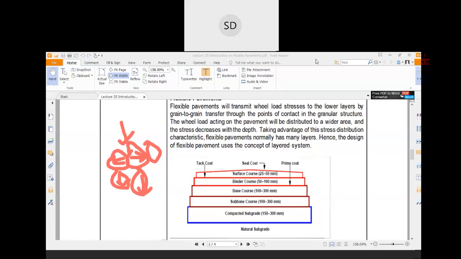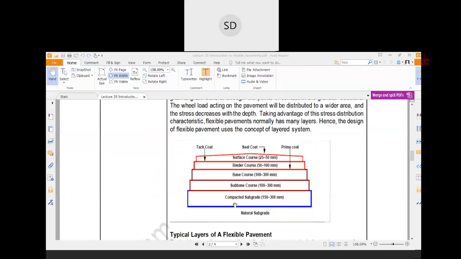Now if you discuss the different layers of the flexible pavement, at the bottom one would be natural subgrade, that is your natural soil layer over which you will build your road. Now if the natural soil is a loose soil, or it doesn't have enough bearing capacity or strength, in that case you need to compact some portion of the soil.